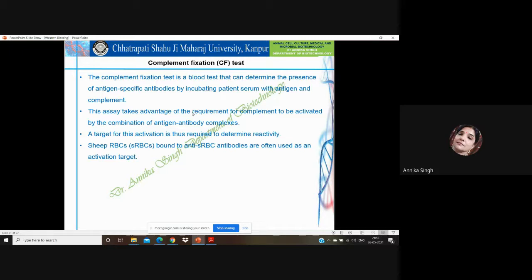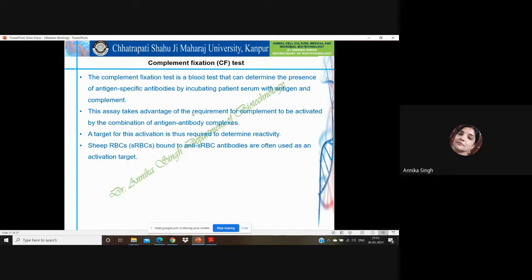And it depends upon whether complement fixation occurs. Generally it is used to diagnose infections and sometimes in rheumatic disease.